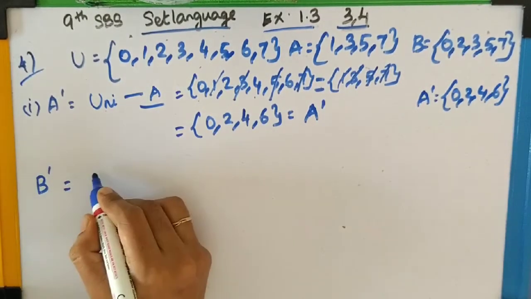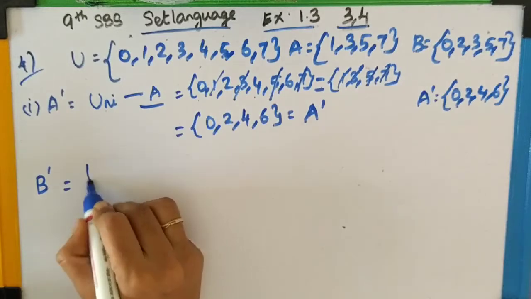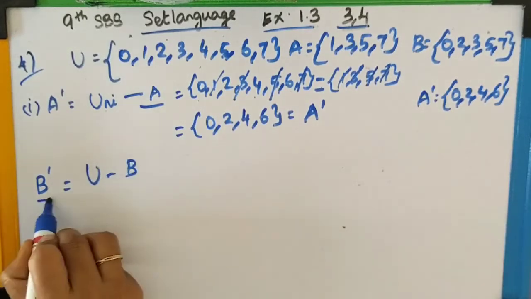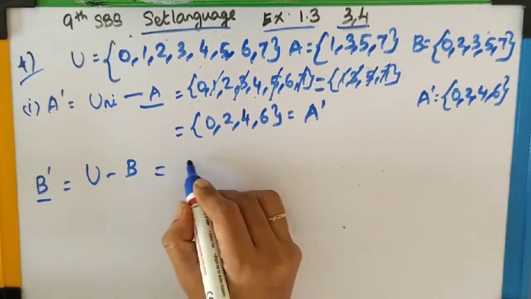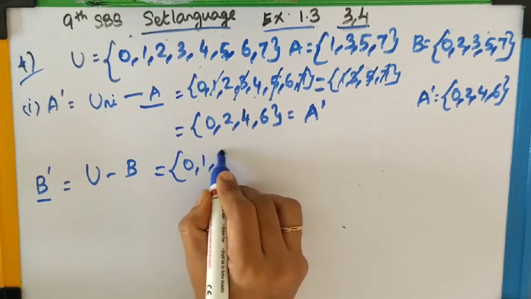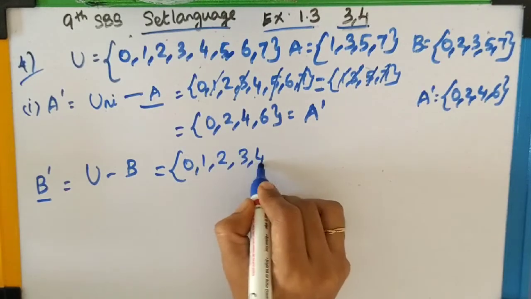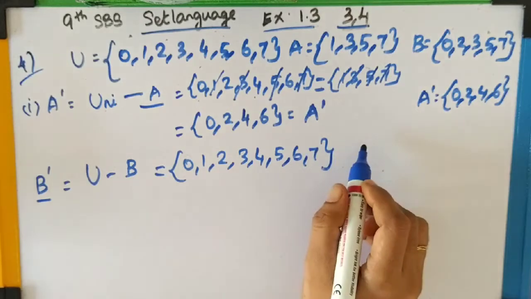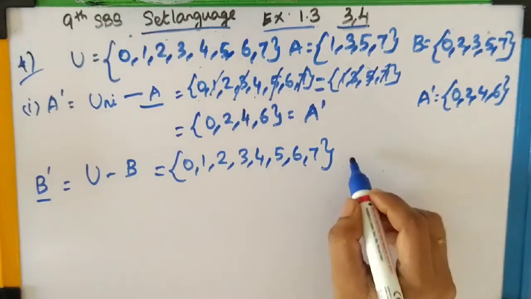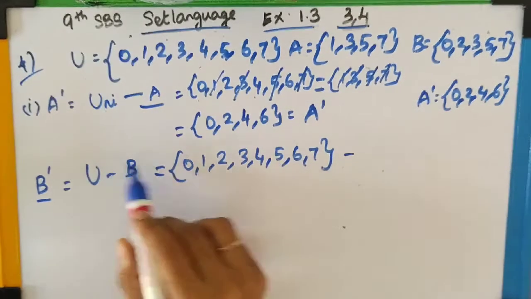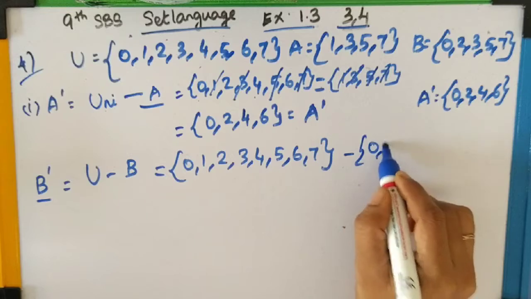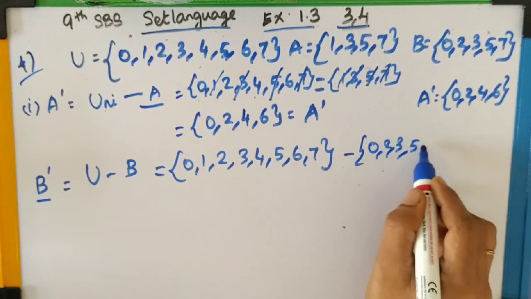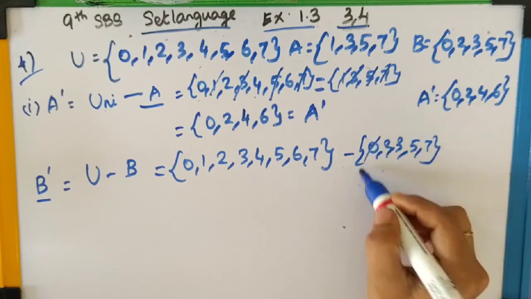Okay. Now, what is B dash? B dash means except B. That is universal set difference B. What is the universal set? 0, 1, 2, 3, 4, 5, 6, 7. Difference. What is B? 0, 2, 3, 5, 7. Okay, it is in the question. Now, how to find the difference?